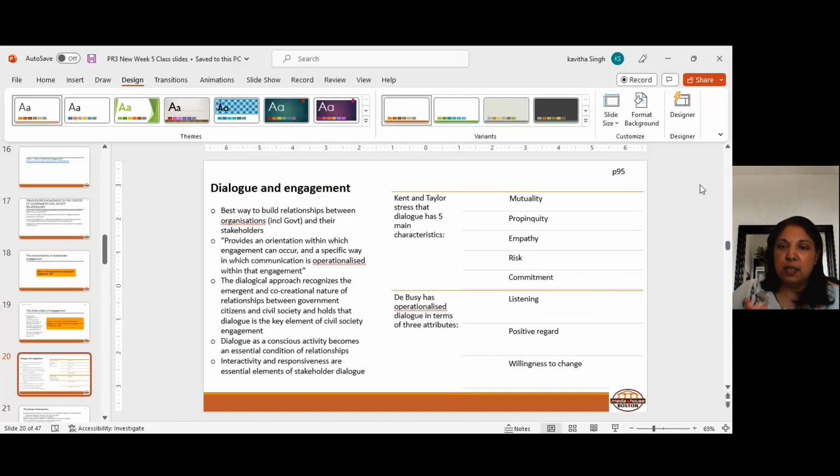It's very important to remember these aspects of engagement and dialogue, and how they are linked. You can read up more about dialogue and engagement in your textbook, on pages 94 and 95, going through to the top of page 96.